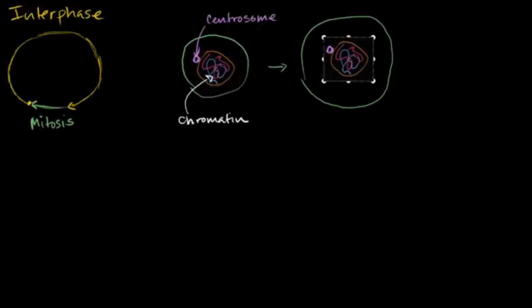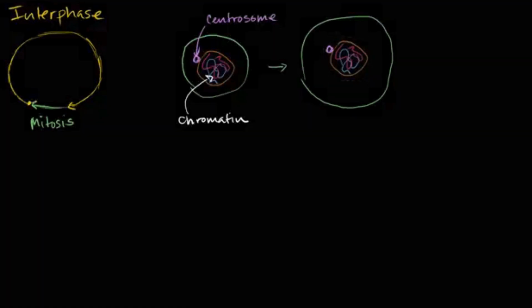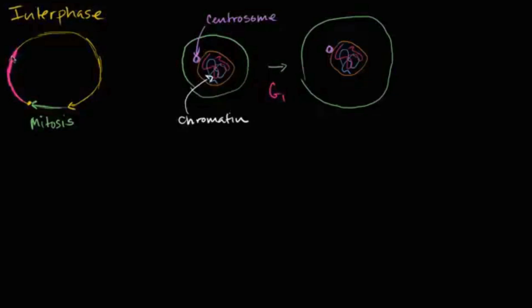And this phase, where it is just growing from this new cell, is the G1 phase. Actually, let me do that in a different color since I'm already using that green so much. This is the G1 phase. And so that might look something like this. Different cells are going to do this for different periods of time, the G1 phase.